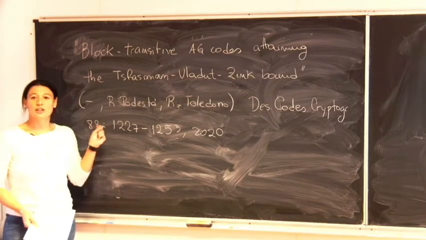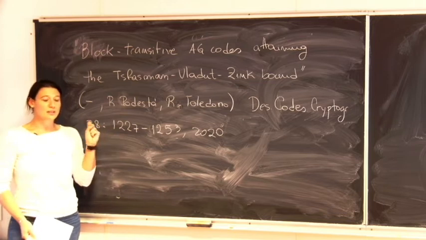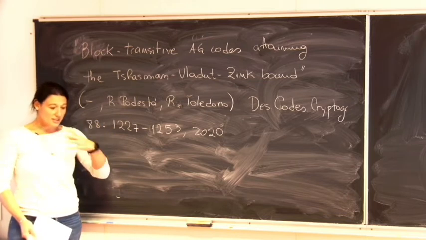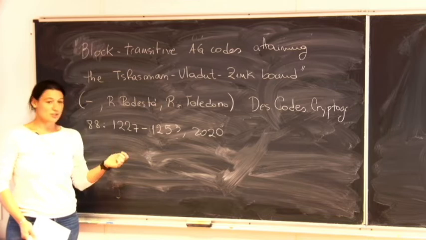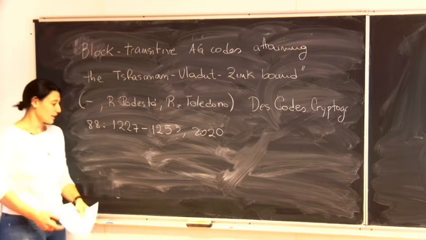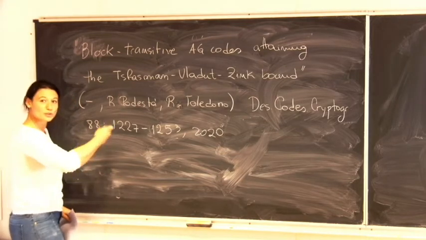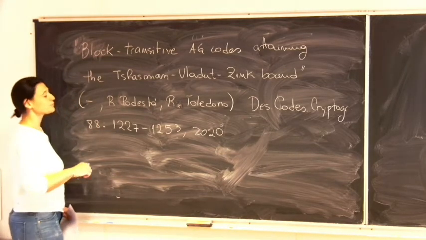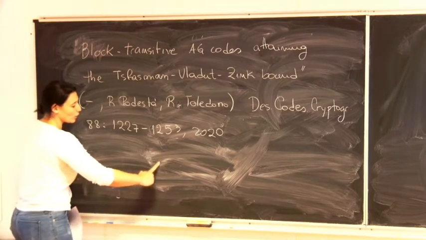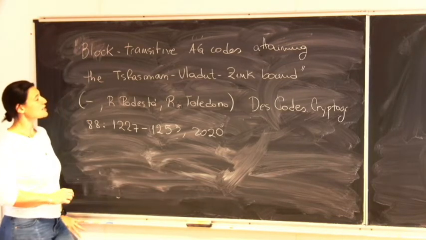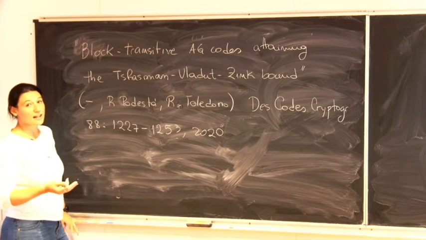And in this work, we built asymptotic sequences of codes using towers of function fields, that are infinite sequences of function fields, one inside the other, and we built a code in each of those extensions such that they are asymptotically good.